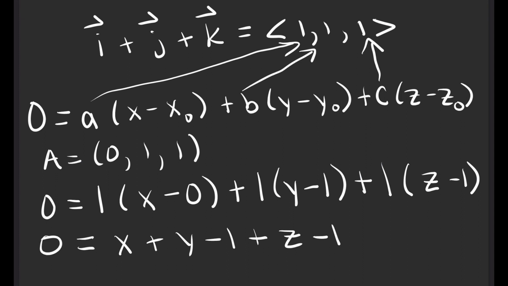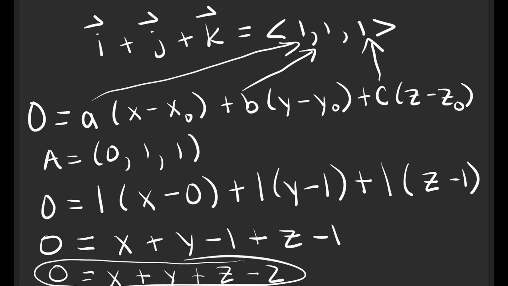So we can simplify this and get x plus y plus z minus 2 all equal to 0. And that is actually our solution for the equation of this plane.